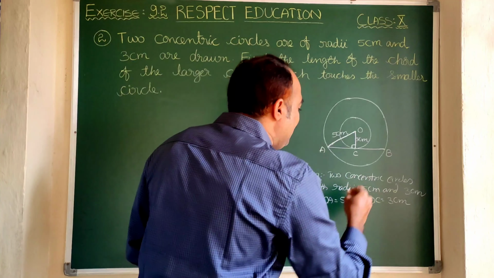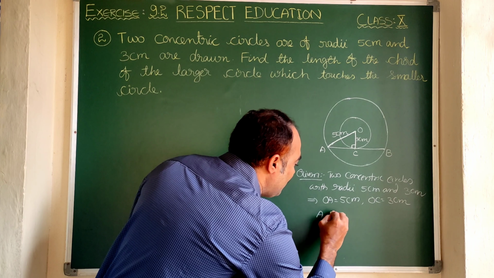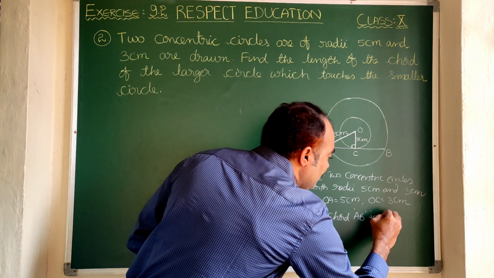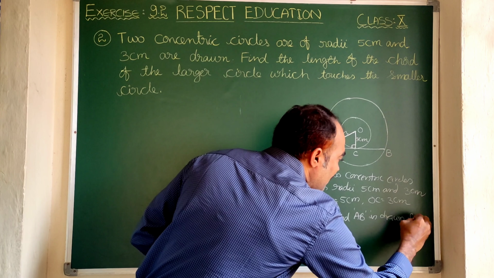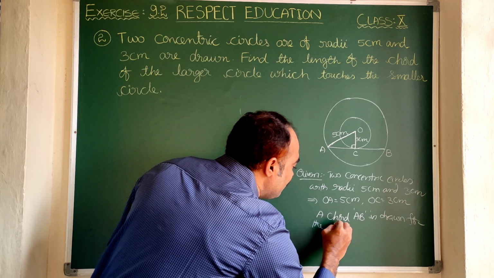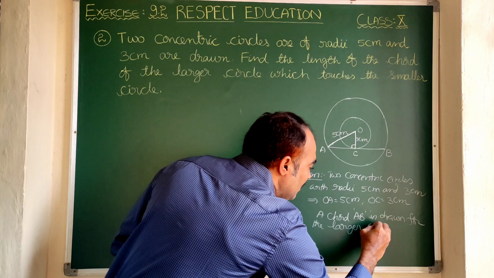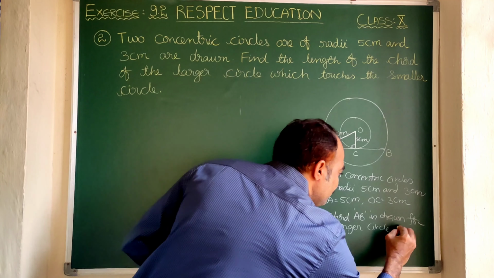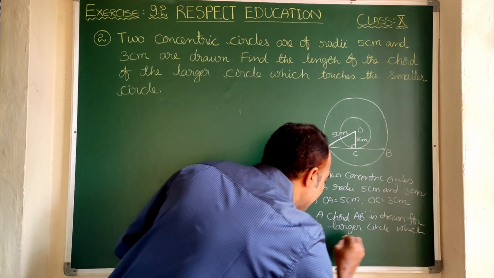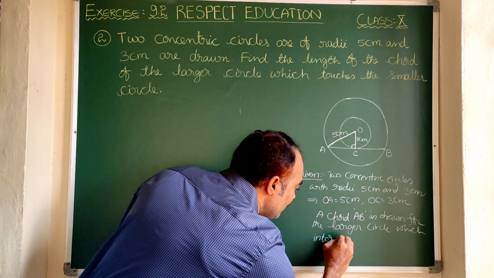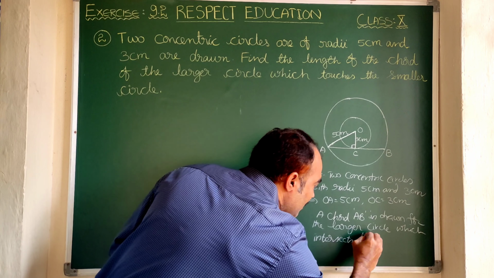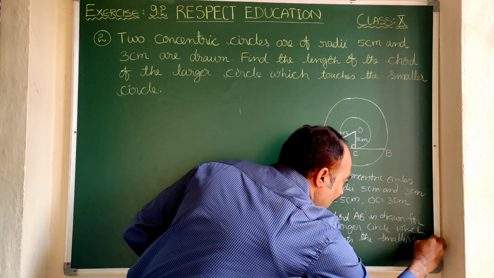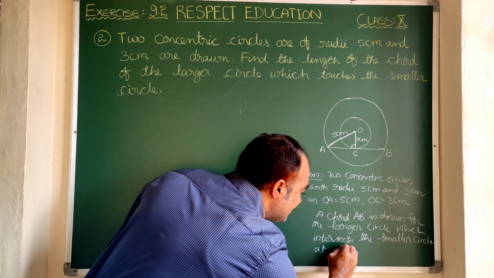And a chord AB is drawn for the larger circle, which intersects the smaller circle at a point C.